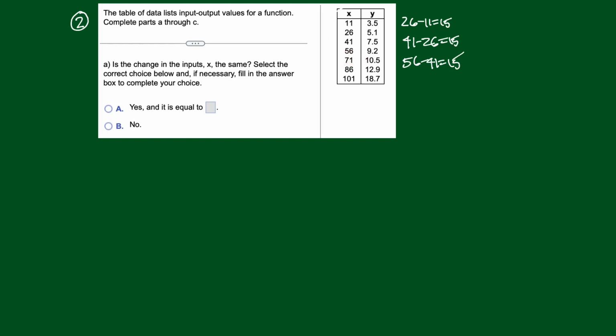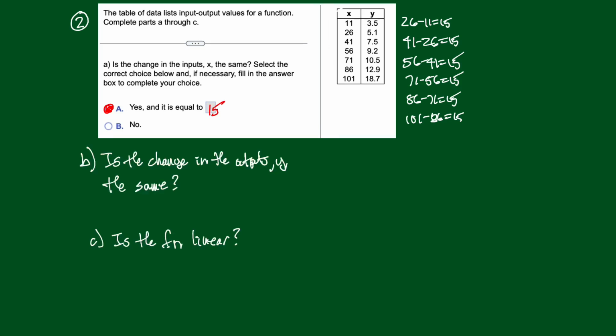Then 71 minus 56. That's 15. Then 86 minus 71. That's 15. And then finally, 101 minus 86. That's 15 also. So part A, we're going to answer yes, and it's equal to 15.